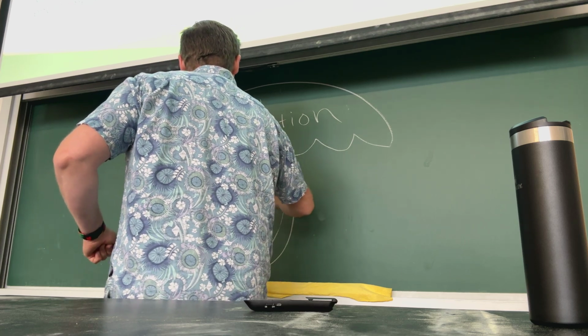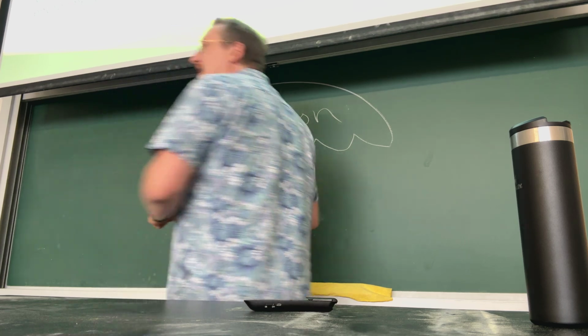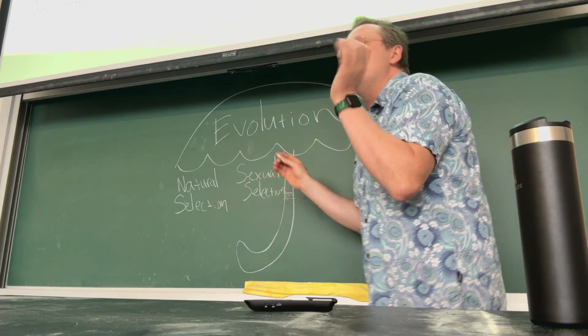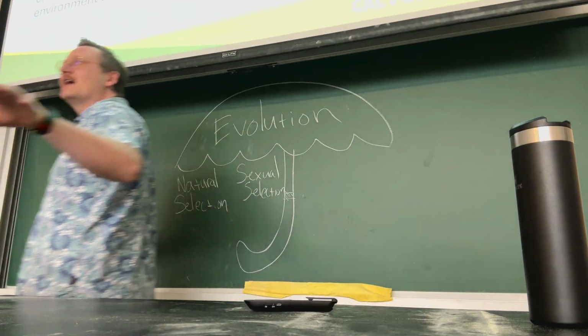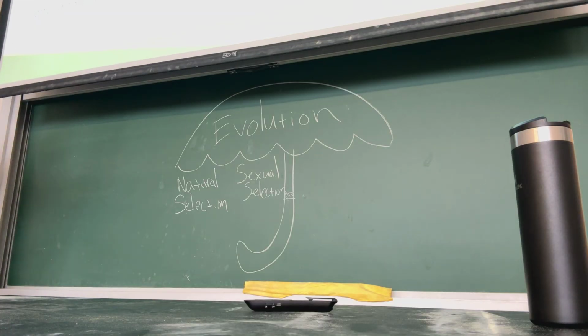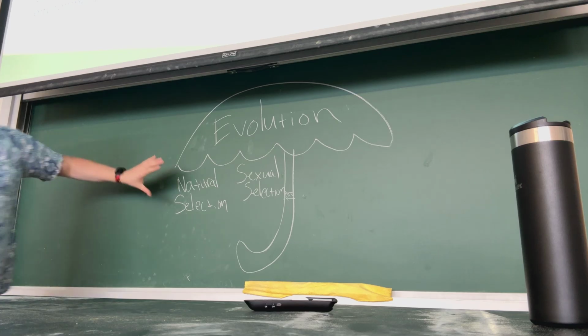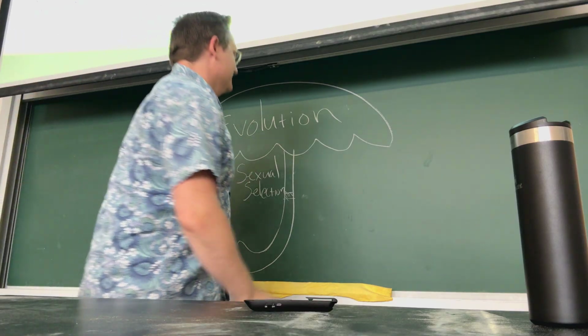In sexual selection, certain genotypes allow you to mate more and make more offspring, but they're not necessarily better adapted to the environment. Big old peacock feathers don't make you better at escaping predators or moving through your habitat or flying, but they make you more likely to mate, and that can lead to an evolution toward more big peacock feathers. Solid?